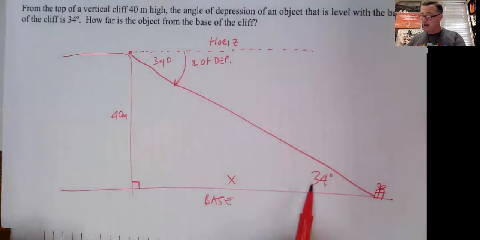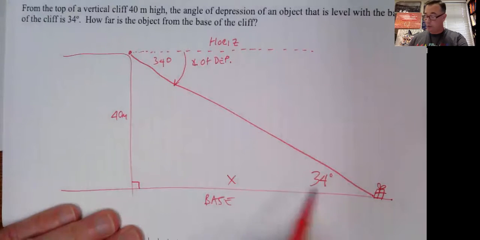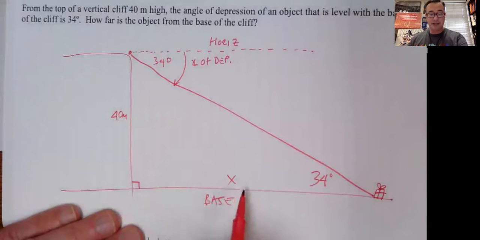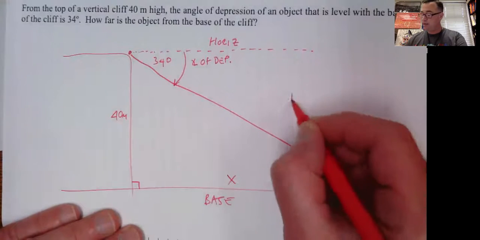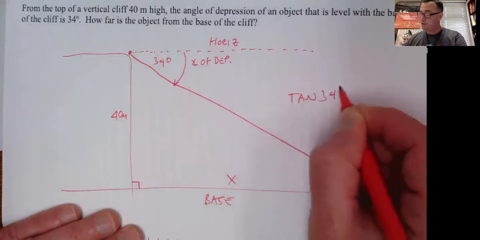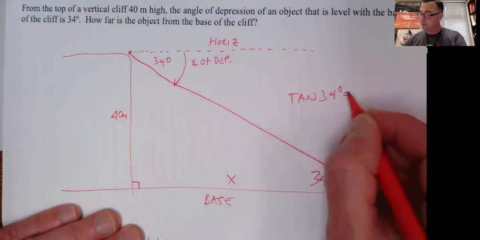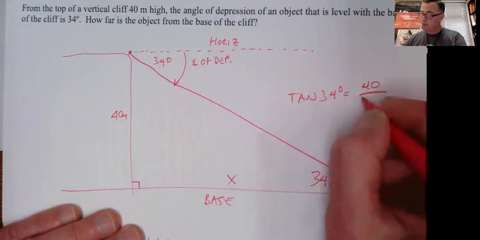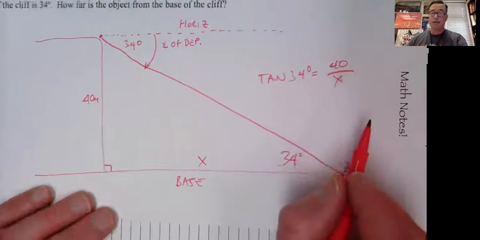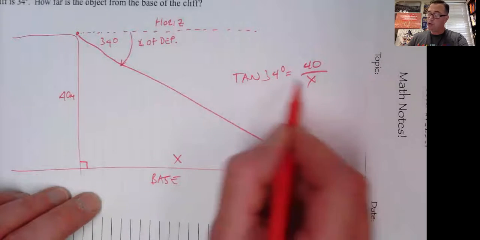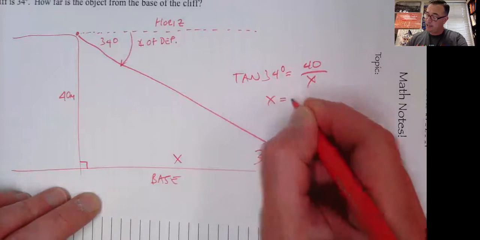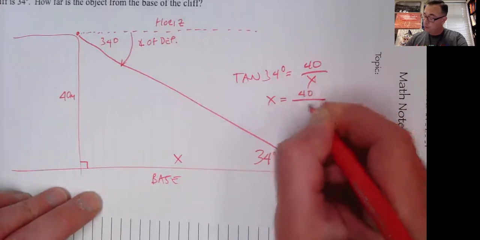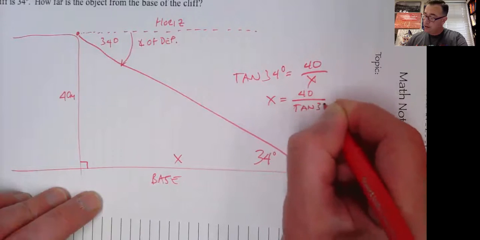To solve this then, I'm going to set up a trig with this and this. This is the opposite, this is the adjacent, so we're going to use tangent. The tangent of 34 degrees is going to equal the opposite, which is 40, over the adjacent, which is X. Again, we've got our little algebra magic where these trade places, and we know that X is going to equal 40 over the tangent of 34.